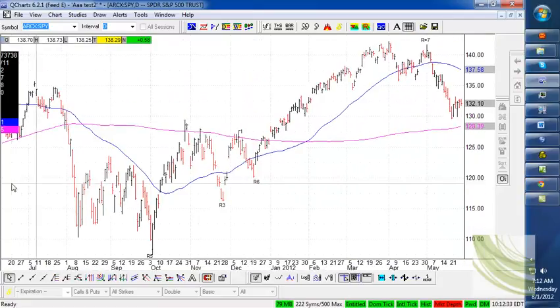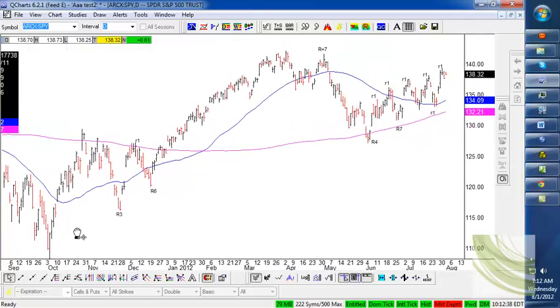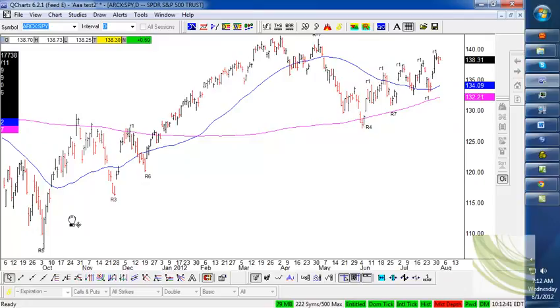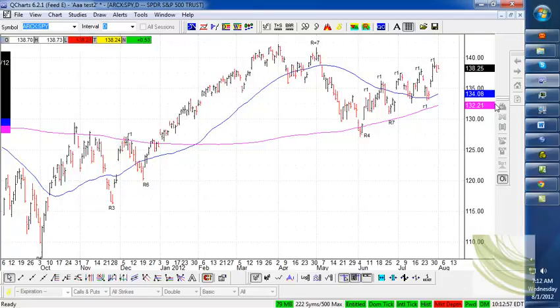So what we're looking at here is how one can combine leading and lagging indicators, and also how Andrews would handle whipsaws and whipsaw situations. And here's a really good example of a whipsaw situation. As you can see, there's lots of R's on the chart here, R1, 2, 7, and so on.